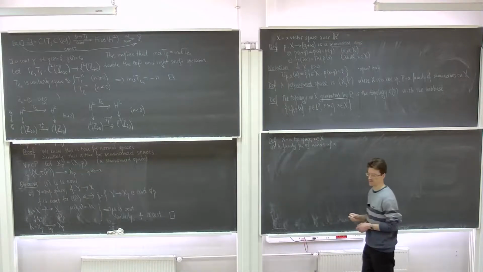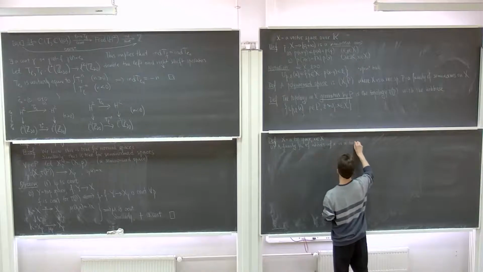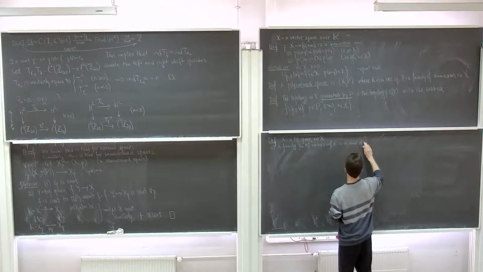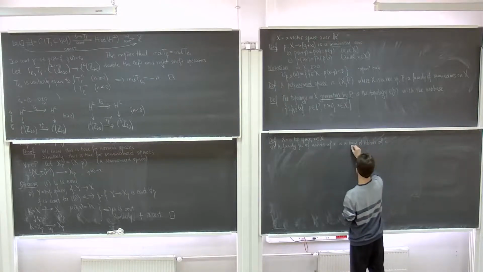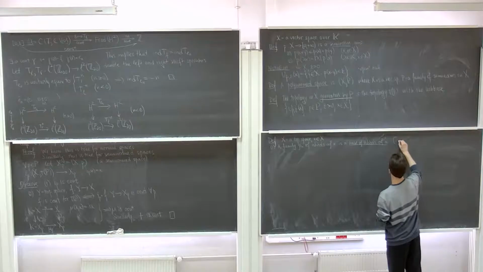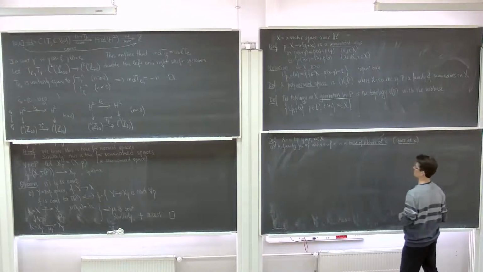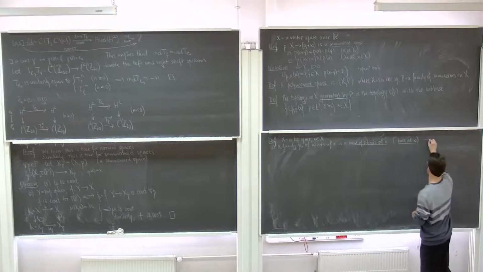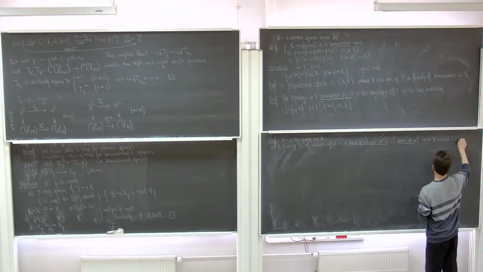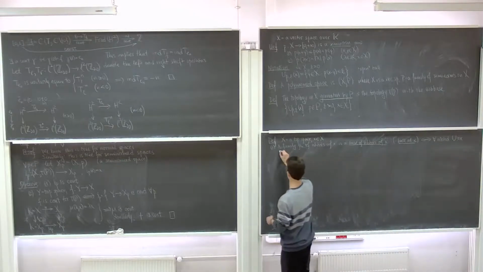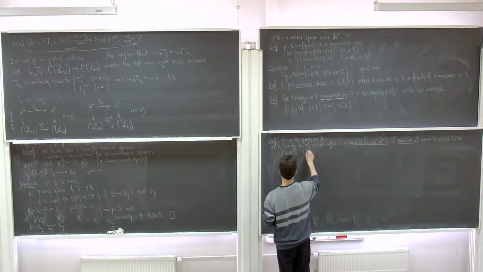We say that this family is a base of neighborhoods of x, or briefly, just a base at the point x, if the following condition holds: for each neighborhood U of x, there is a neighborhood V in this family, which is contained in U.